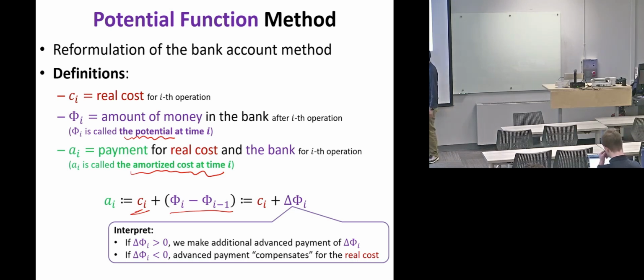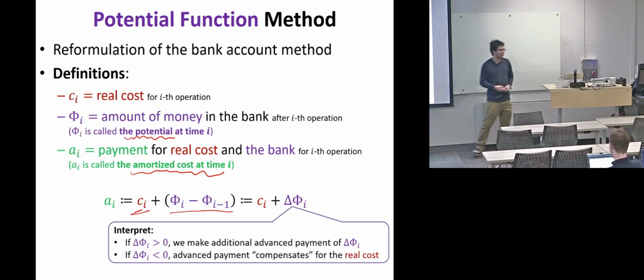The money in the bank account decreases. So the advance payment you have paid before kind of compensates for the real cost. This is what happened when you did the link operation in the heaps last time. Sometimes many operations like linking are free. That's when this thing is decreasing because you use money in the bank account.